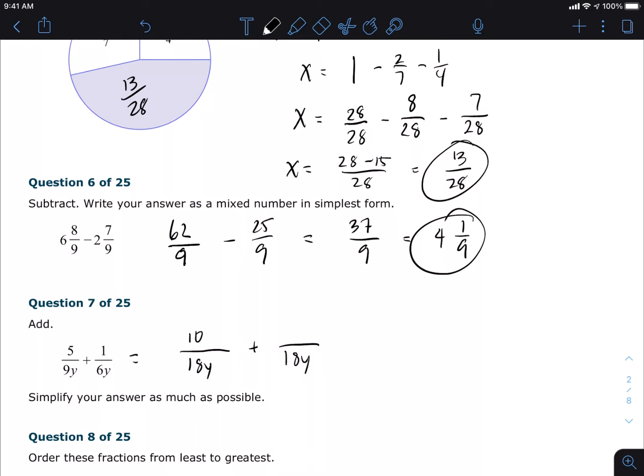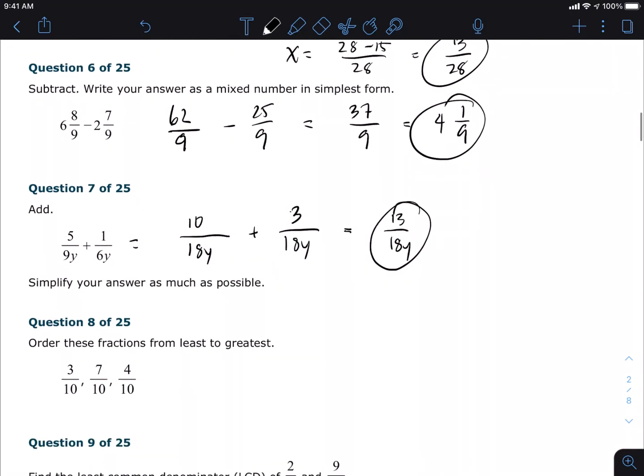I multiplied by 3, so that means I need to multiply the 1 by 3, and so my answer should end up being 13 over 18y. Clear? All right, on to the next.